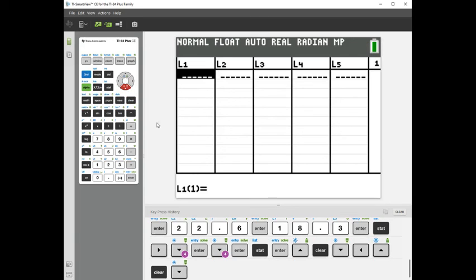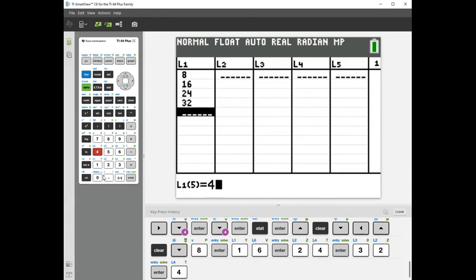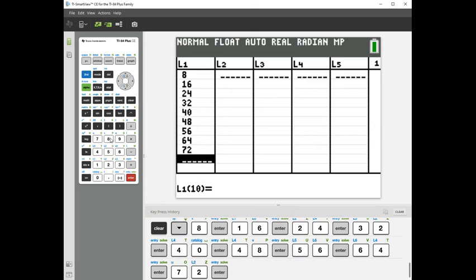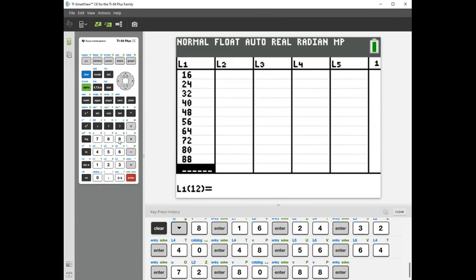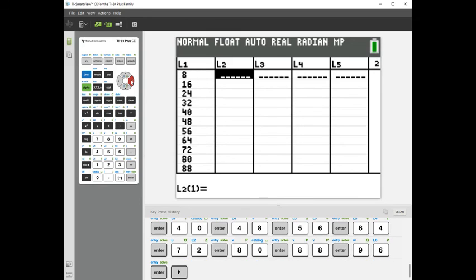In L1, we're going to write all of the values that are in the T row. 8, 16, 24, 32, 40, 48, 56, 64, 72, 80, 88, and 96.